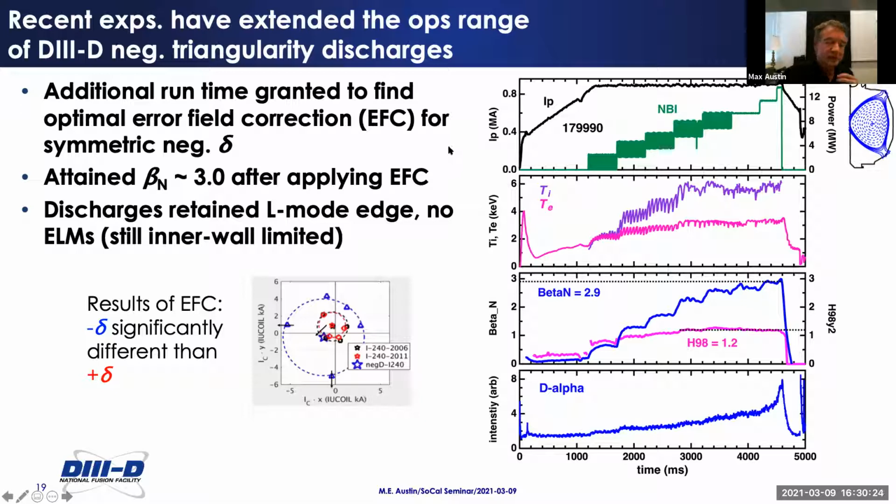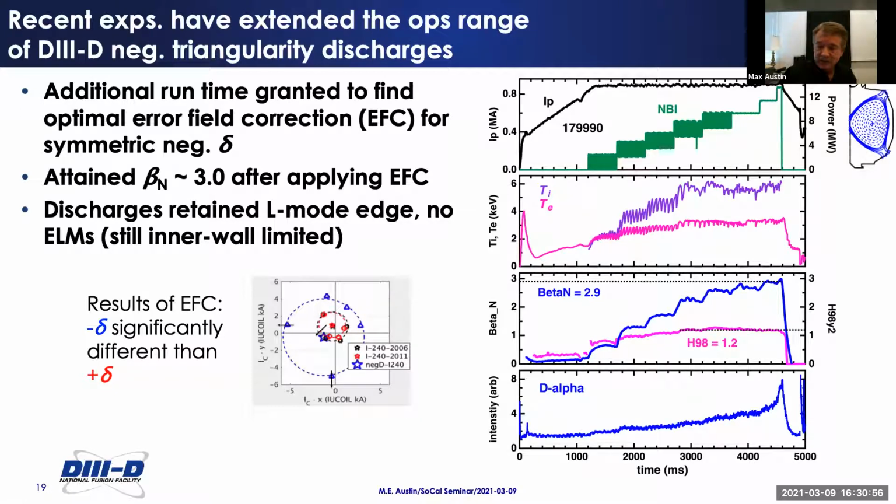This has been done for positive triangularity, but because the shape is so radically different, it was believed and verified that the error field correction would be significantly different for negative triangularity, and that is shown here. The red is the positive triangularity case, and this is quite a different correction that you have to apply to negative triangularity to null out the error fields.